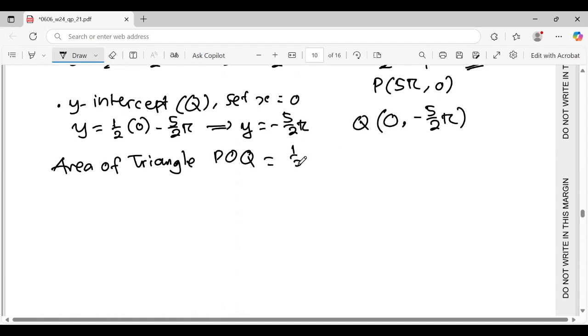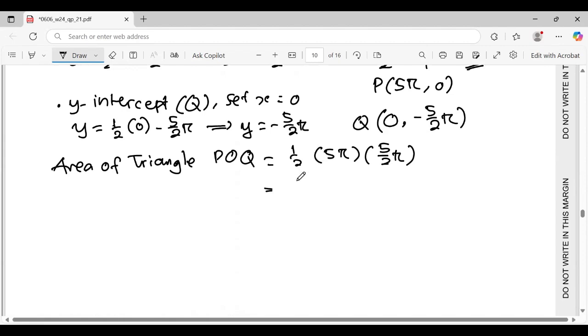It is 1/2 times 5 pi times 5/2 pi, because distance or area is never negative. So no need to write minus here. If you write minus, the area will be negative.